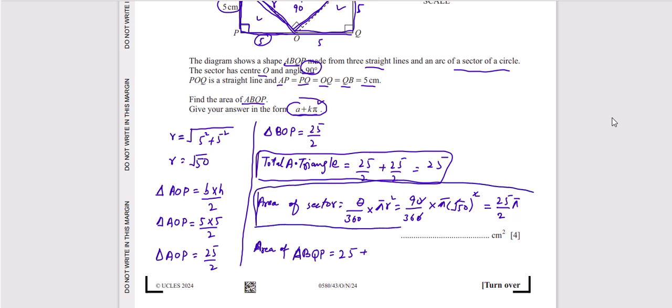The total area of sector is equal to 25 over 2 pi. So this is our final answer.